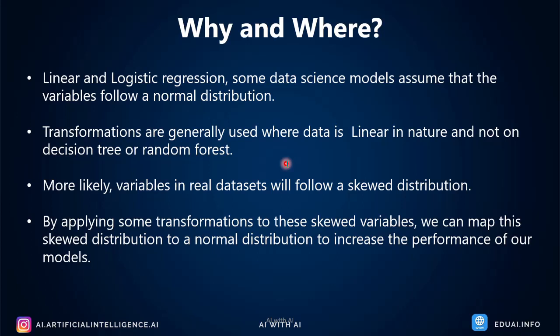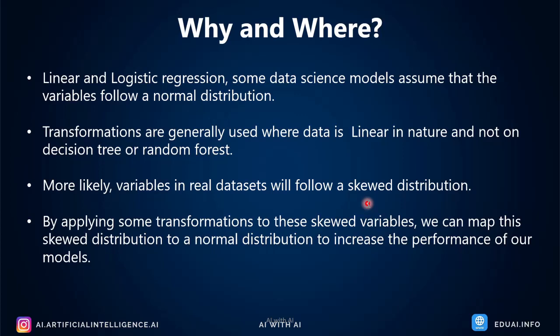Hence, these transformations are generally used where the model is linear in nature and not on decision trees or random forest kind of algorithms. And we know that most of the time variables in real datasets follow a skewed or biased distribution. Hence, by applying these transformations to skewed variables, we can map these skewed distributions to normal distributions so that we can increase the performance of our model.